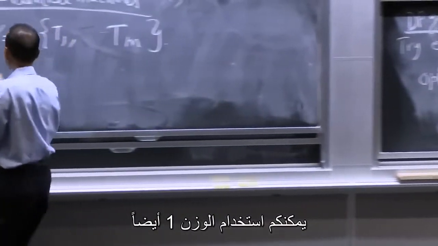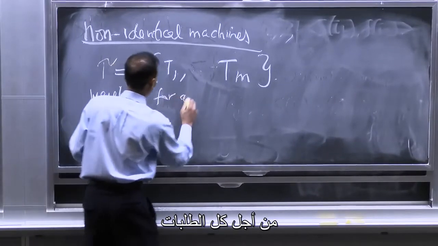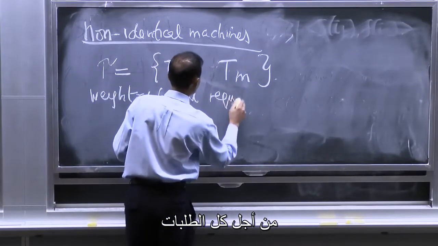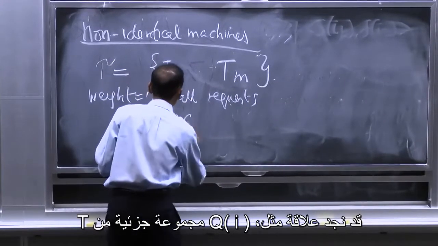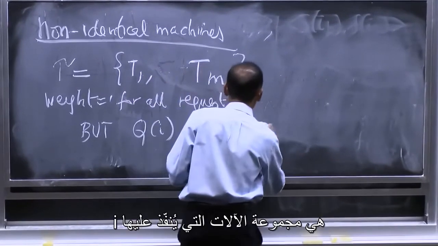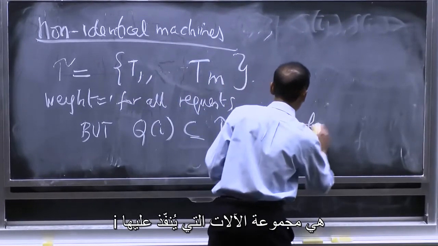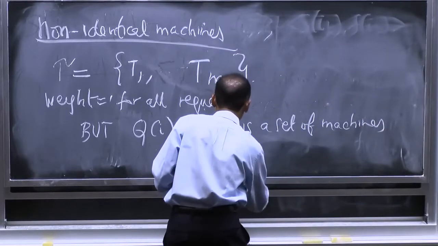So you can still have a weight of 1 for all requests, but you have something like Q of i, a subset of T, where T is the set of machines, that i runs on.